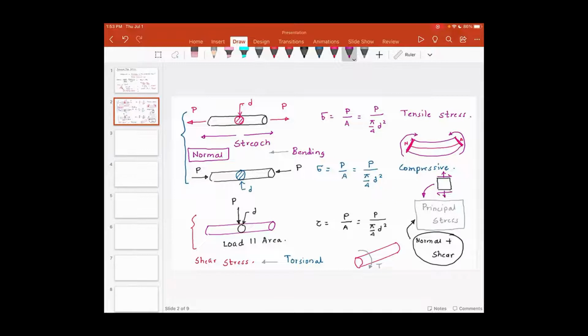And as design engineers, we have to anticipate that aluminum is weak at 45 degrees. So we should make sure that when we have an aluminum component, either the load does not come at 45 degrees, or if the load comes at 45 degrees, it is much, much less than the failure stress of aluminum.